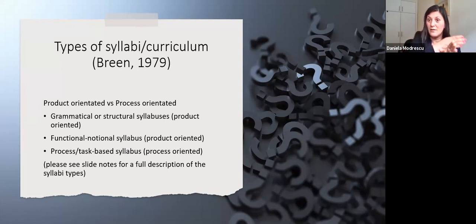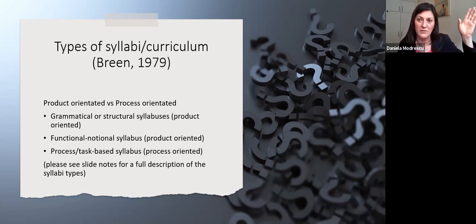Behind them is the assumption we take about the language. So is language a system of distinct parts of a linguistic system? We take a grammatical or structural approach. Is language a matter of knowing how to do specific things, functions, like knowing how to go to the doctor, or specific notions?